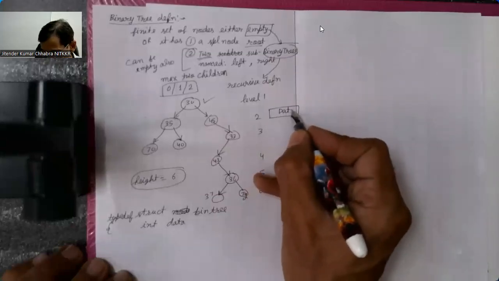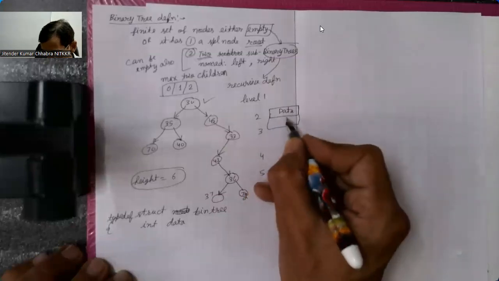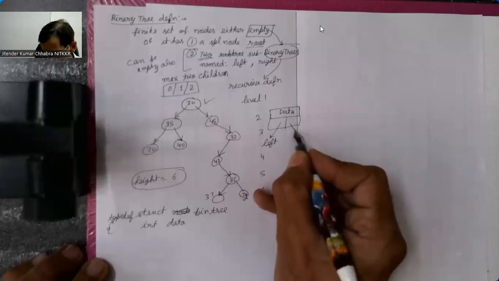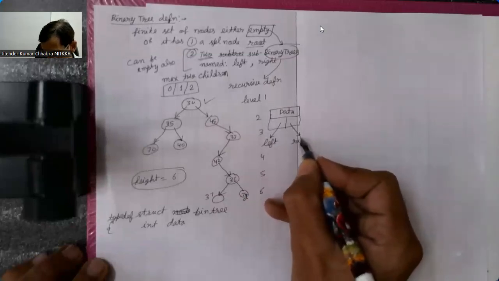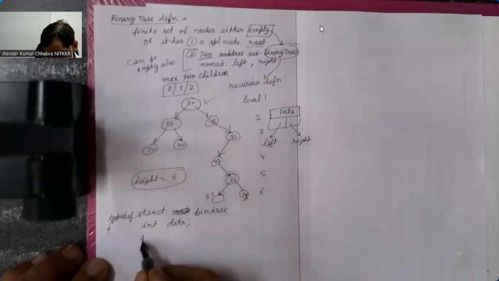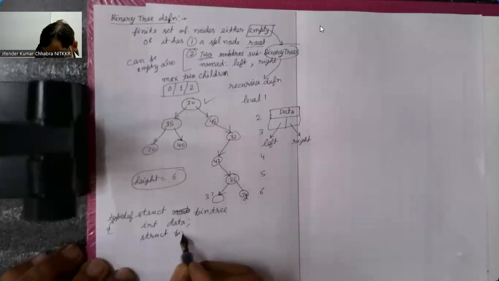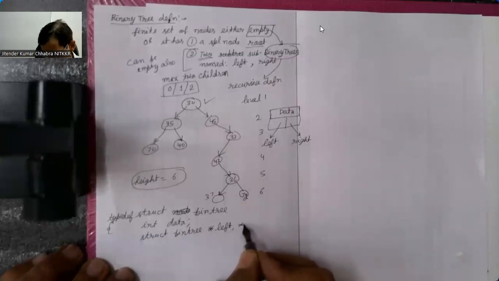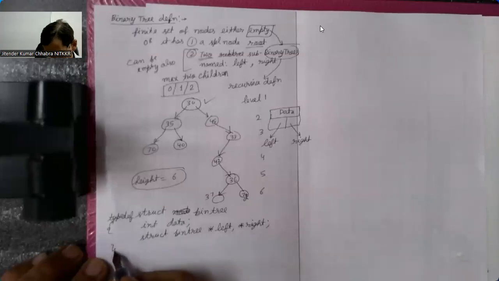So you have data, plus you have two pointers. One we call the left pointer, the other we call the right pointer. So now I can have struct binary tree pointer, the way we had in linked list, star left, star right. That's it. And this becomes your binary tree node.